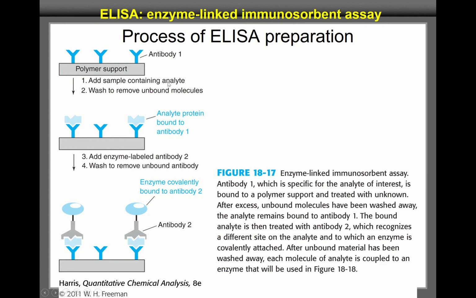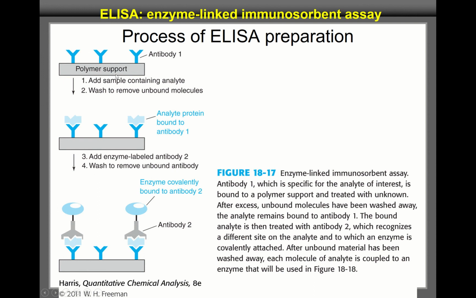Let's say this analyte is a protein, and the concentration is extremely low, maybe ppm or ppb or even ppt, parts per trillion, right? How do we detect such a low concentration? ELISA gives you an answer.